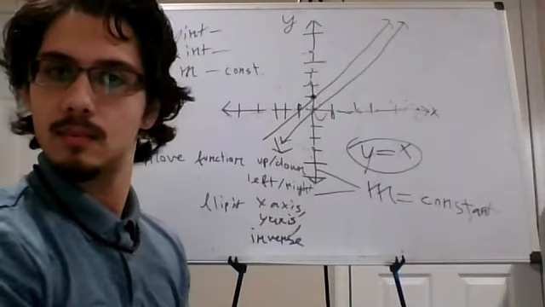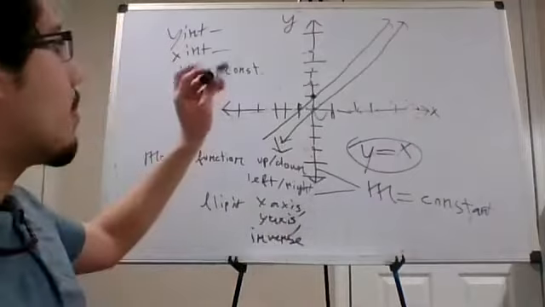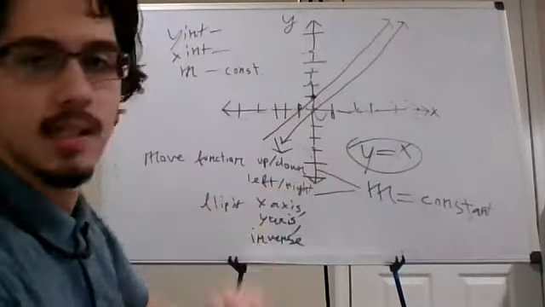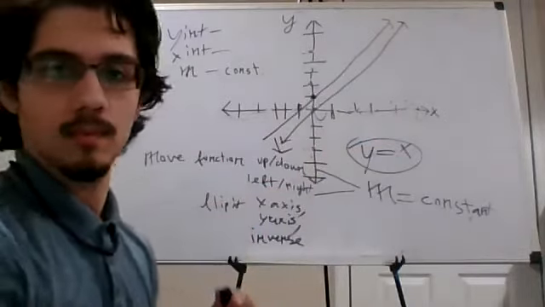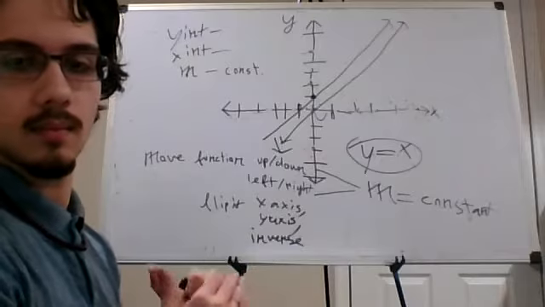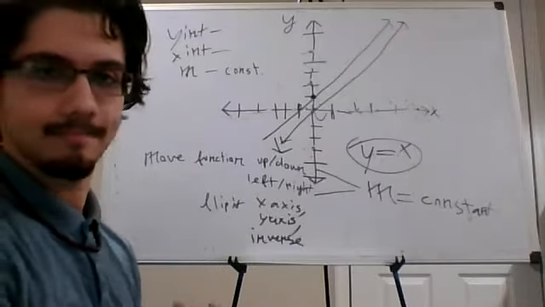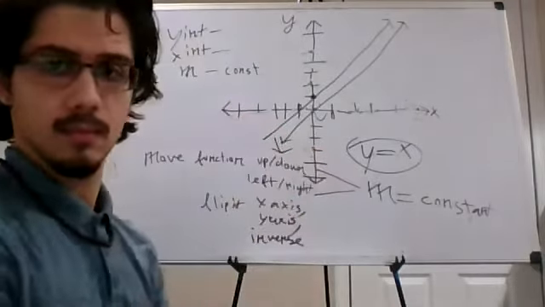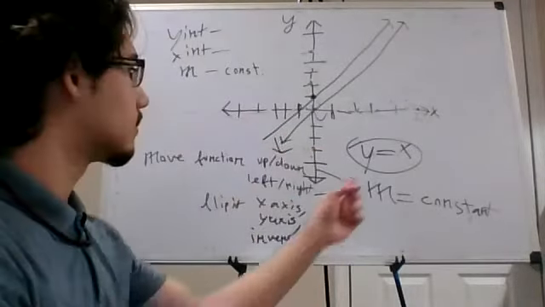Sir, can you repeat the question? What do we know about the y and x-intercept of y equals x? Sir, whatever y is equal to, it will be the same thing for x.